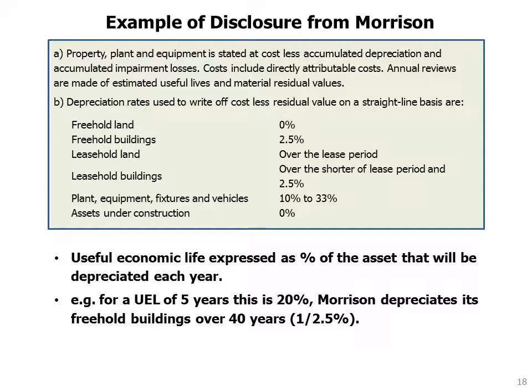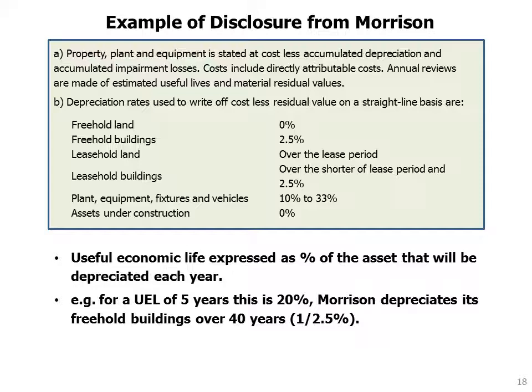So freehold land, 0%, it's not depreciated. Freehold buildings, they give us 2.5%. Morrison, as is the case with many companies, expresses useful economic life as percentages of the asset that will be depreciated each year. For example, for an asset with a useful economic life of 5 years, this would be 20%.